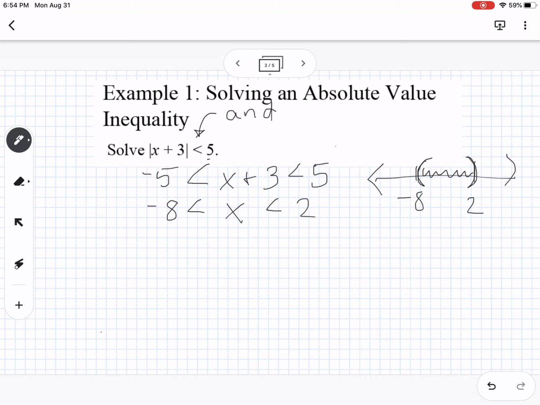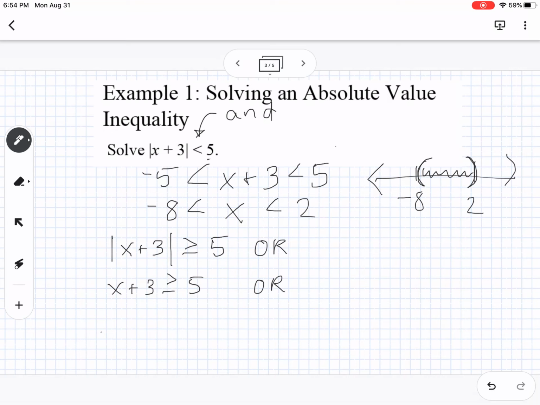Now if we take the same inequality, so let's take x plus 3, but let's make it greater than or equal to 5. So I added the or equal to, just to give a different example, but I also changed it to greater than. So that tells me it's going to be an or, which means I'm going to say x plus 3 is greater than or equal to 5. So that's the original, just minus the absolute value signs.